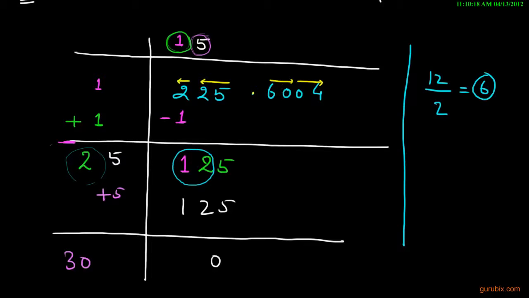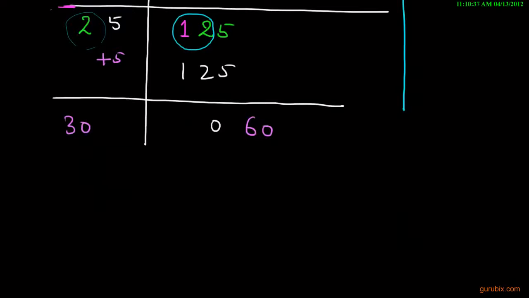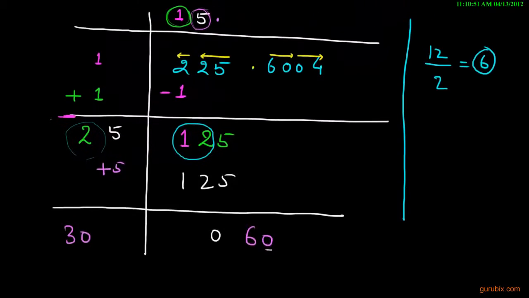Here, before bringing down the next period, here is the decimal point, so we shall write the decimal point here and bring down the next period, and that is 60. If we keep away this unit digit, then the number is 6, and we see that 6 is less than 30, so we cannot divide 6 by 30.